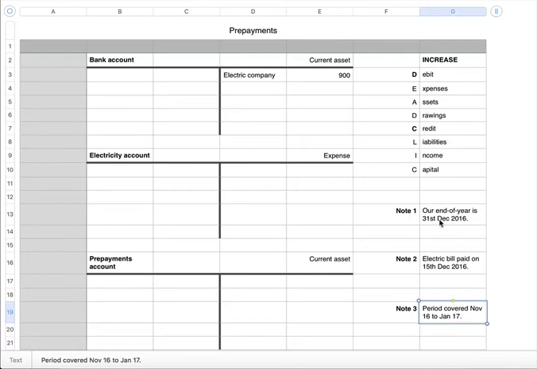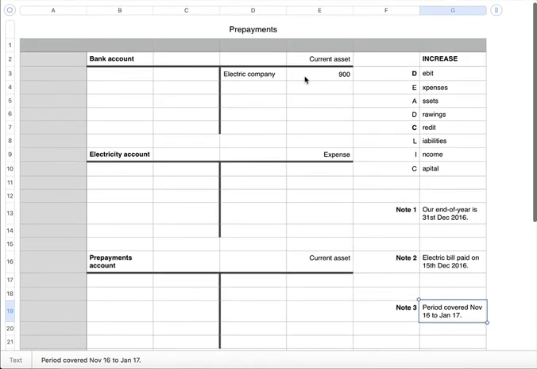But our year end is December 2016. So we can only put the values up to December 2016 in this year's accounts, because one of the months relates to January 17. So we are prepaying one of the months. January 17 does not fall in this accounting year, it falls in the next accounting year. So it's going to sit inside these records as a prepayment. Hopefully that makes sense.